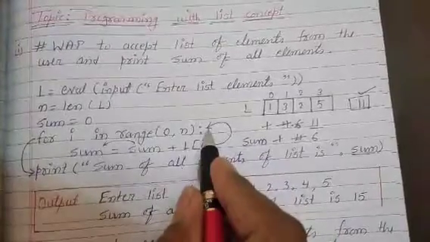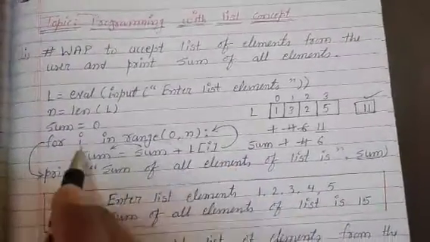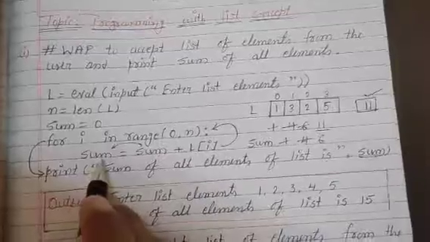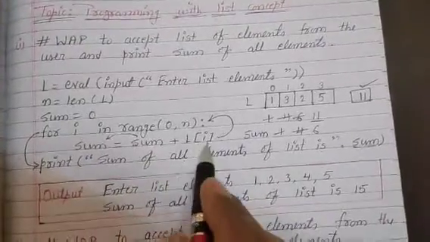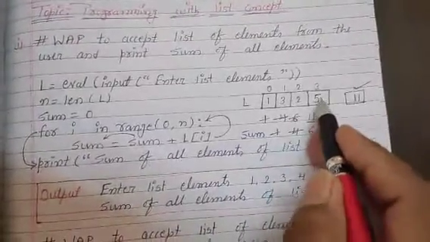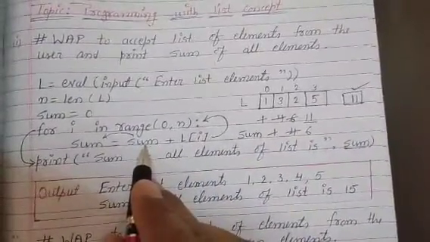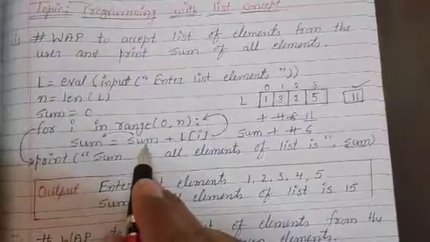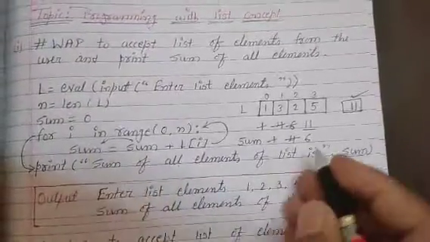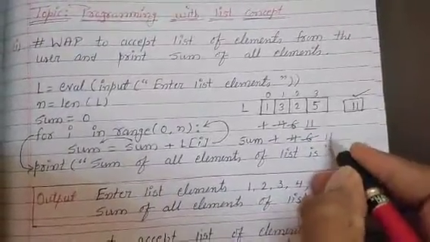Now the next index is 3. i is 3, then the statement is sum = sum + L[3]. List of 3, that is the element, is 5. 5 plus the sum value 6 is 11. 11 is assigned to sum, so the value of sum is 11.